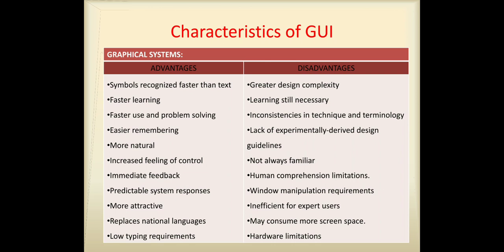So not all graphical user interface systems may consume less screen space. There also exist hardware limitations. That is, a good design may also require hardware of adequate power, processing speed, screen resolution, and graphics capability.